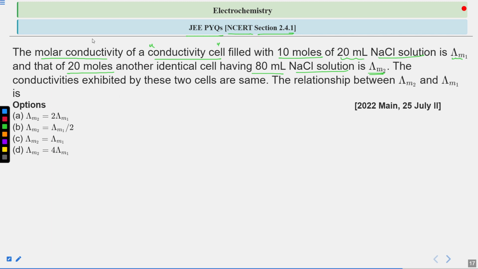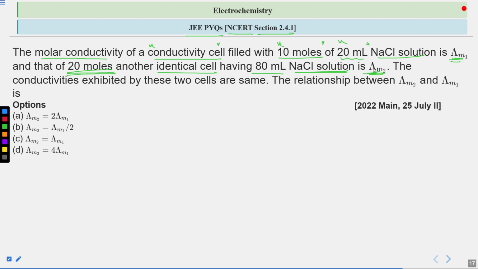So the cell is filled with 10 moles in 20 ml of sodium chloride solution, which has molar conductivity lambda M1, and another identical cell is filled with 20 moles in 80 milliliter of NaCl, whose molar conductivity is lambda M2.